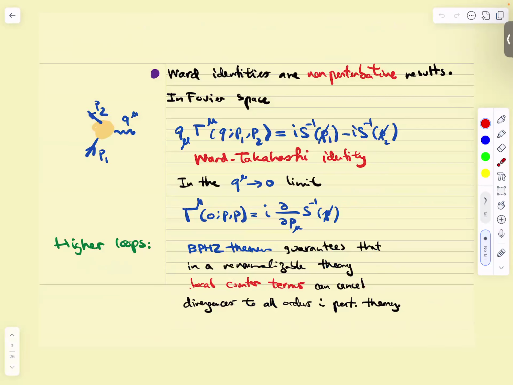So let me take a step back and repeat what I'm trying to say. In renormalized perturbation theory, or in general in renormalization, what you would like to do is allow for the bare parameters to be different from the renormalized observable ones, right? However, if there are symmetries, you don't want to introduce too many parameters.